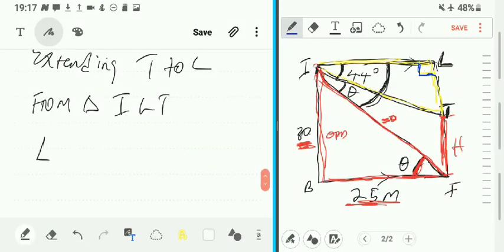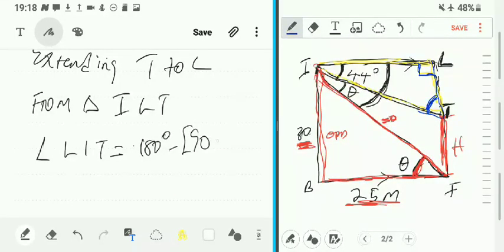Angle LIT, this angle here, is equal to 180 degrees minus 94 plus 44 degrees.